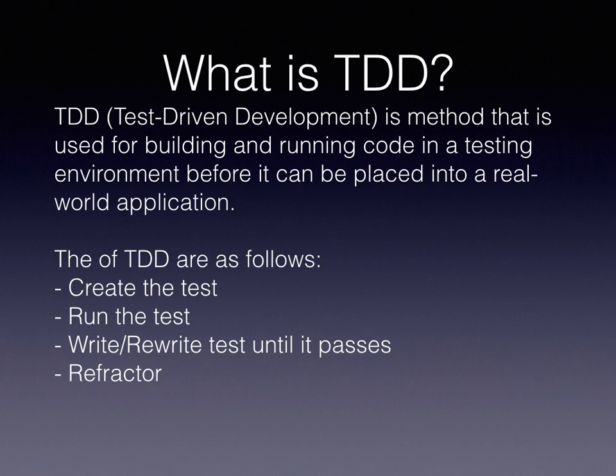Basically, you make your code, you put it through a test, and then you make sure it passes or is up to your standards. And if the code does not pass, it will go through the creation process again, and then it will be run again for testing until it passes.